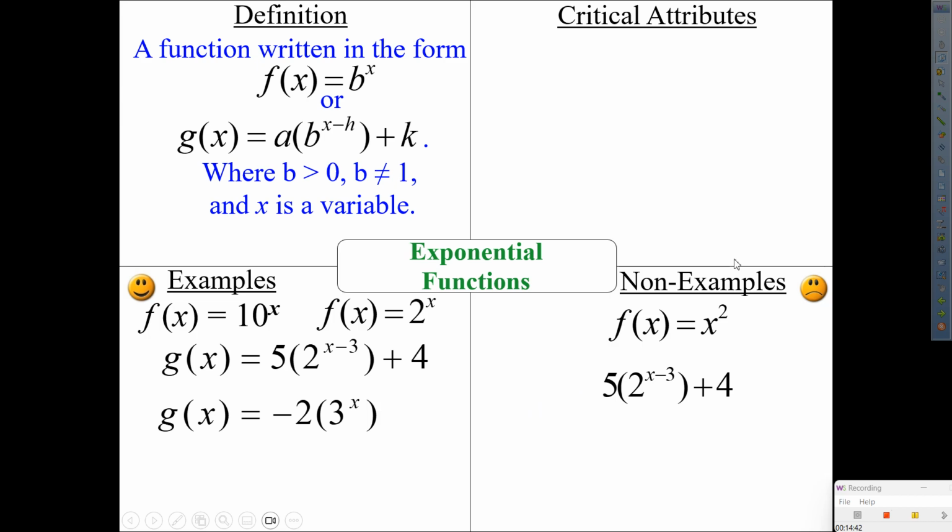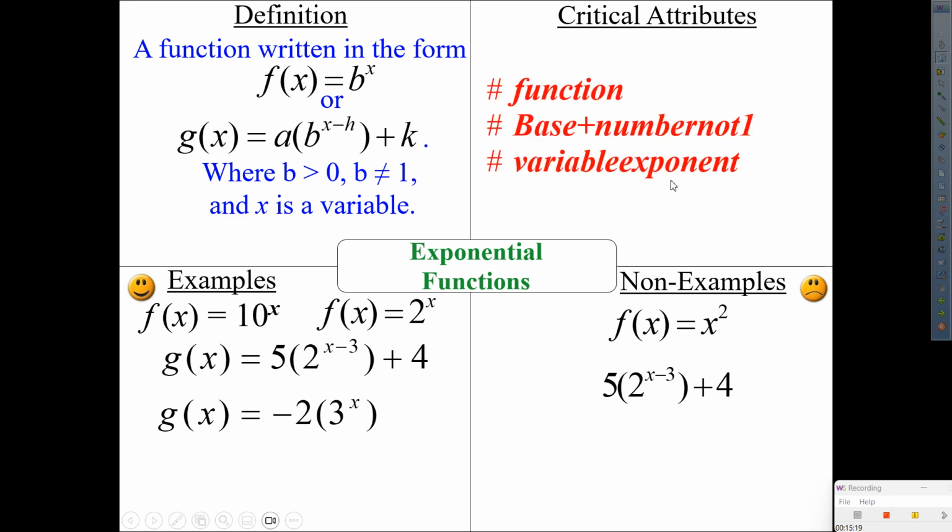That is correct. So, hashtags. It has to be a function. Hashtag function. Second hashtag. Base is a number, but not 1. And the third hashtag. Variable exponents. Yes, most definitely. That has to be true.